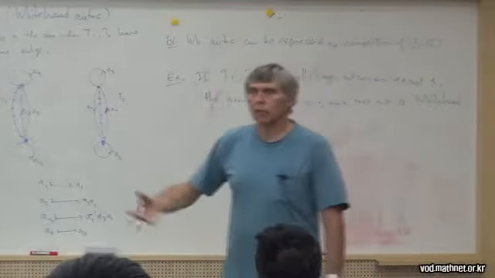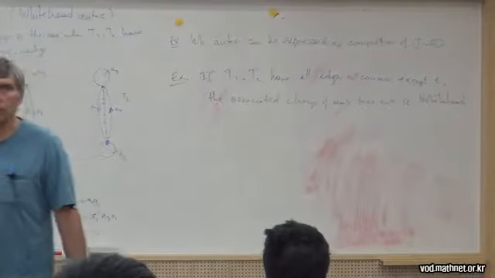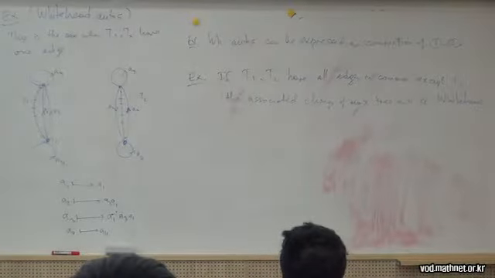Why is that? Well, because if they have edges in common, you can just collapse them. That doesn't change the identification with the free group, and so then you're just left with this picture.